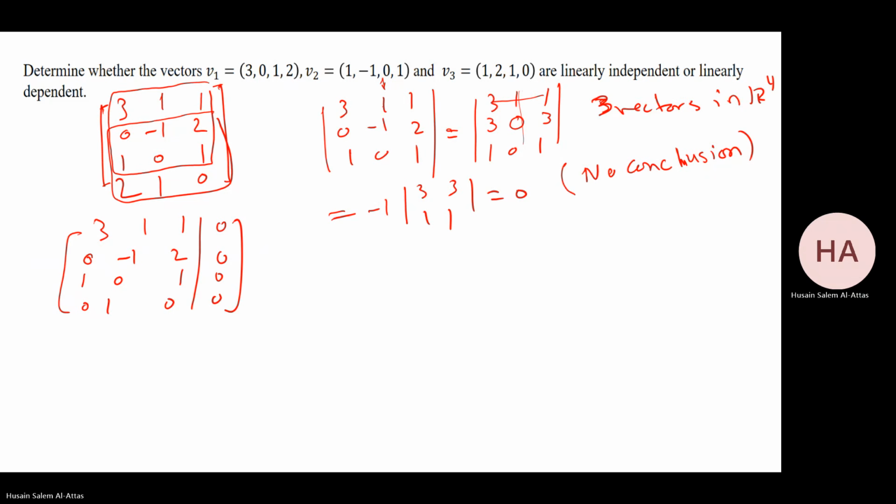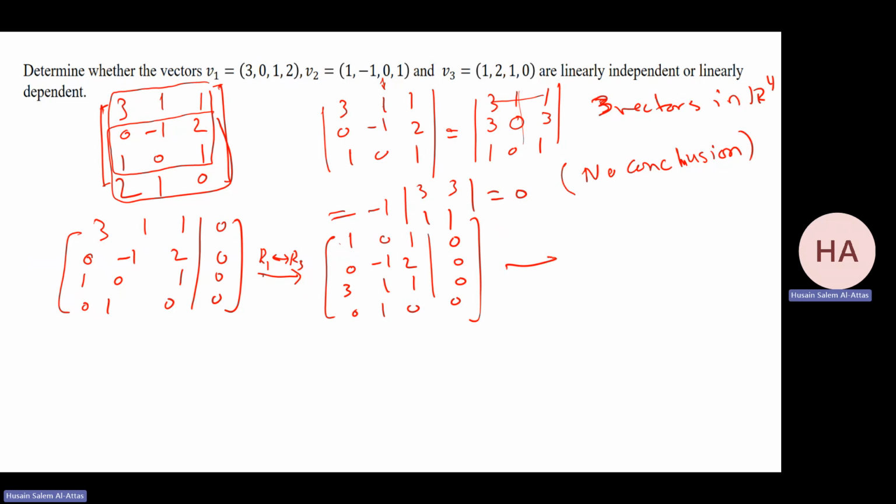I can interchange the third row with the fourth, with the first, to get ones. That will be easier for calculation. 0, 0, -1, 2, 0, 3, 1, 1, 0, 0, 1, 0, 0.